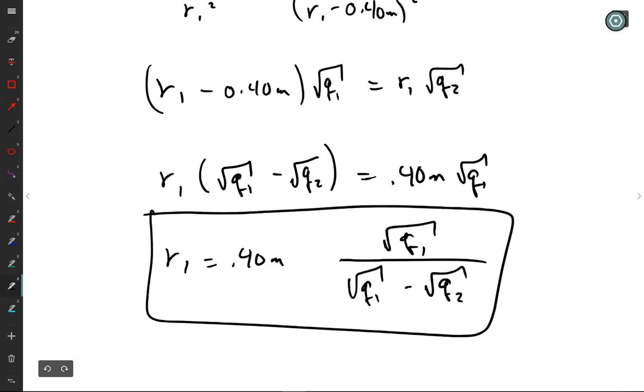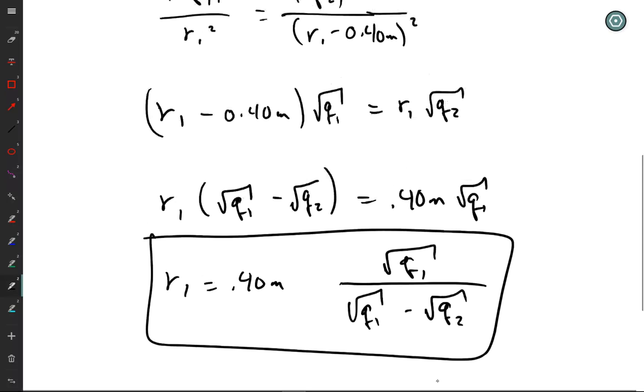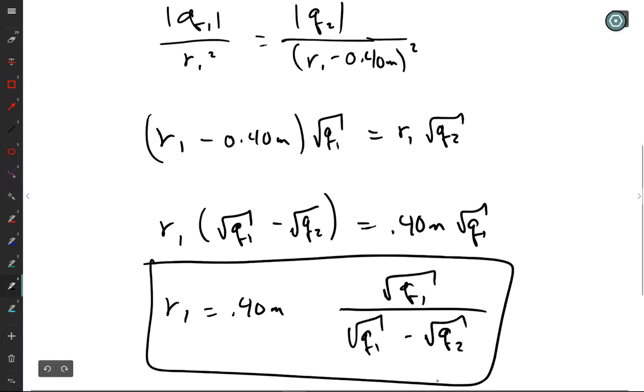And I really should have been more careful. When you do square roots, you get a plus or minus. How will we figure out which? That gives us two answers now.